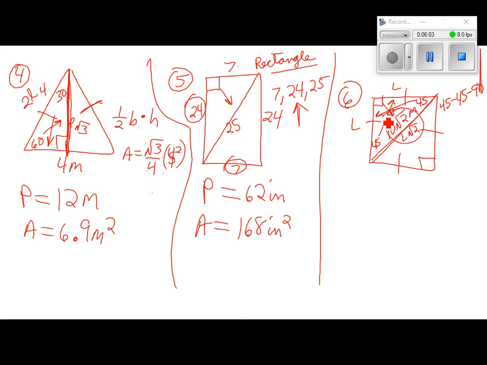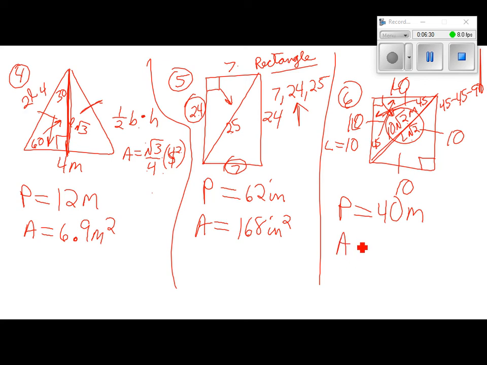Well, we look at that right there, and if that diagonal is 10 radical 2, and it's supposed to equal L radical 2, then that means L has to equal 10. If L equals 10, then we know this side's 10, this side's 10, this side's 10, this side's 10, so the perimeter is all those added together, which is 40 meters.